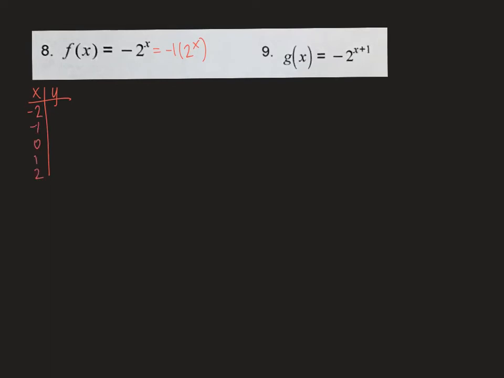But if we plug in -2 for x, we get 1/4 times that negative gives us -1/4. When we plug in -1 for x, we get 1/2 times the negative is -1/2. 2 to the 0 power is going to be 1 times -1 gives me -1. 2 to the first is 2 times the negative. 2 squared is 4 times a negative. So we're going to graph those points.